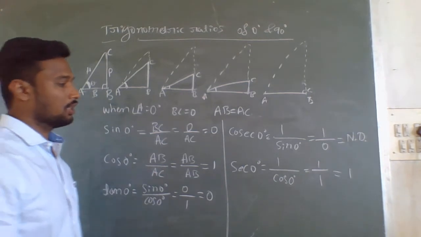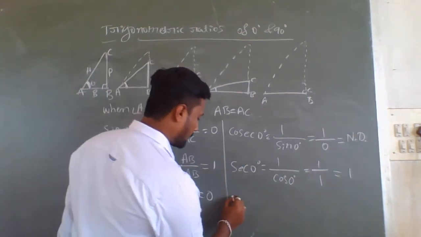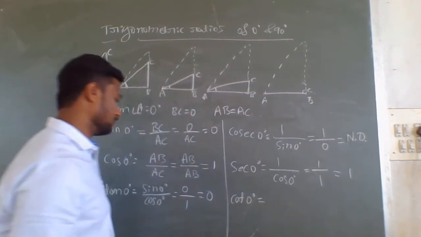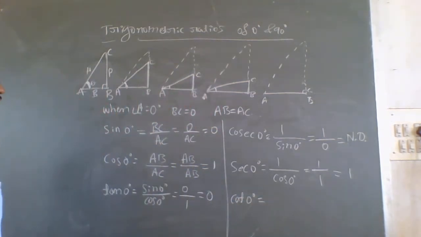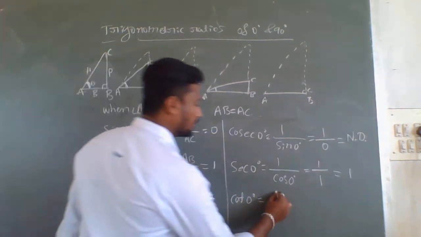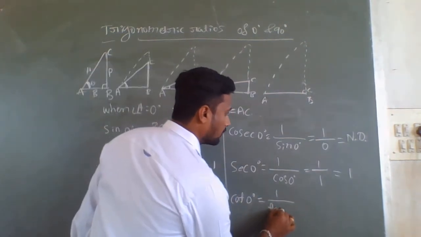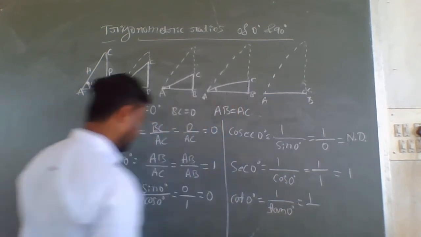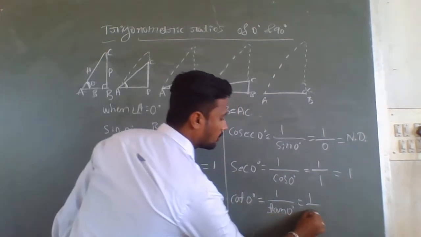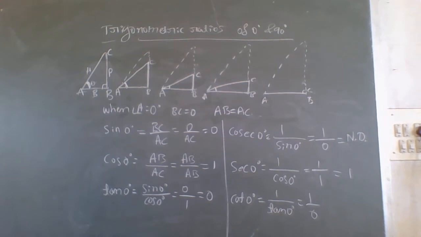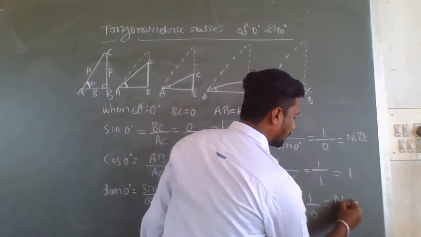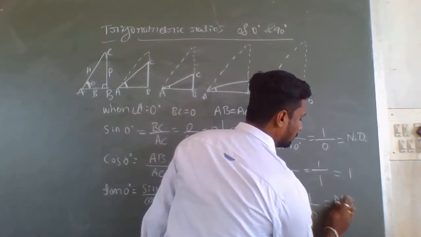Okay. So now the next one, cot 0. Again this cot 0 is the reciprocal of tan 0, which equals 1 by tan 0 value, which is 0. Again we got 1 by 0 only. Again 1 by 0, what do we have to write here? Not defined only.